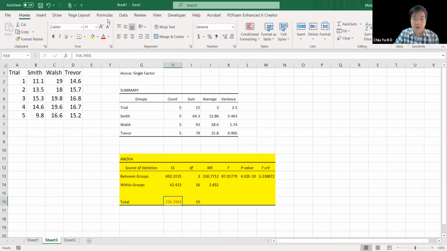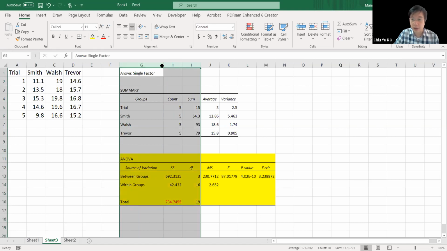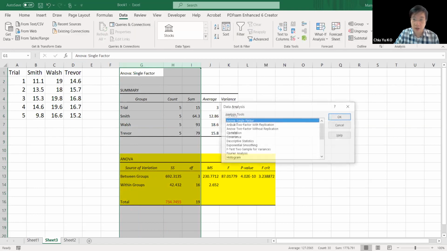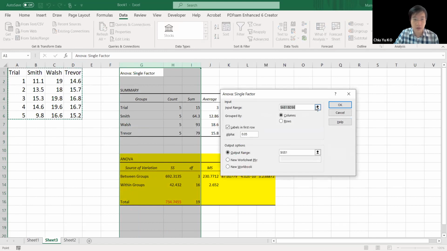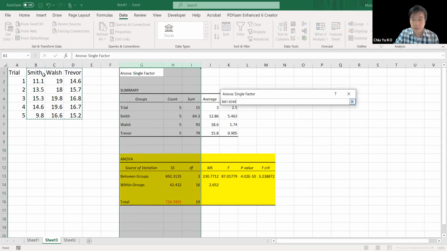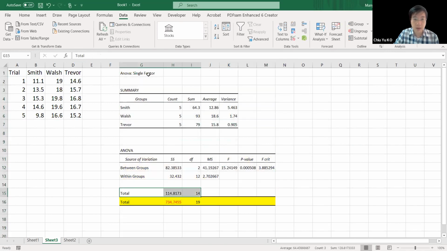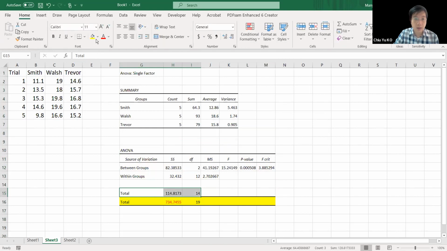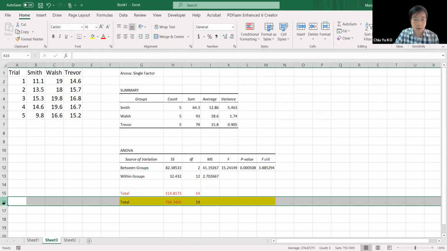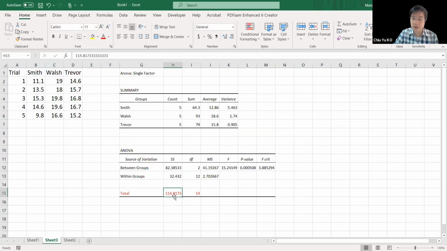Oh, sorry, I made a mistake because I shouldn't have the trial column in. Let me do it again. I shouldn't include column A. So the answer would be 114.7. So this is SST.